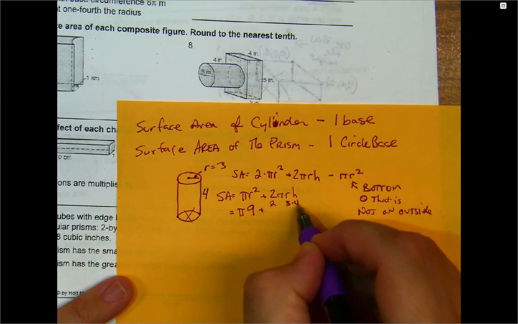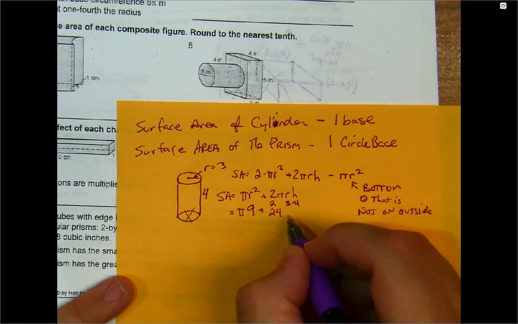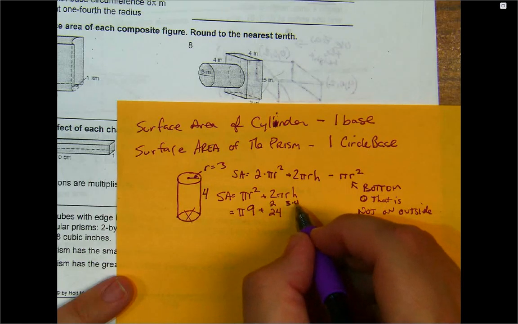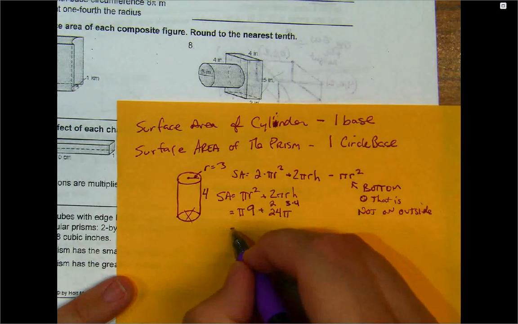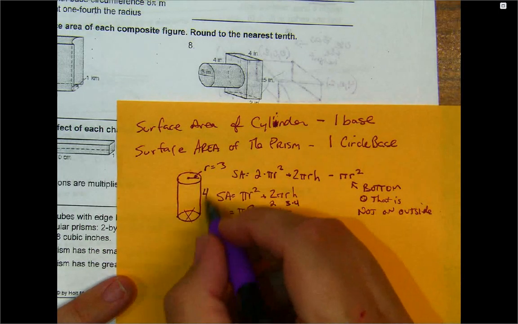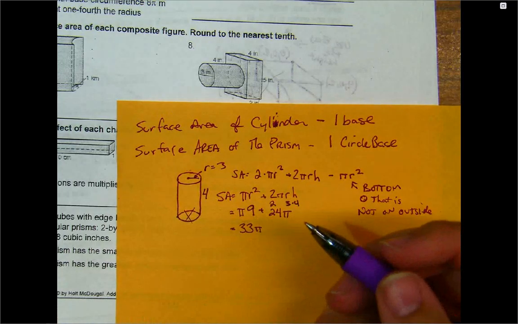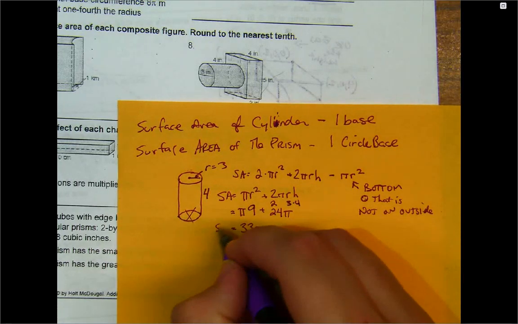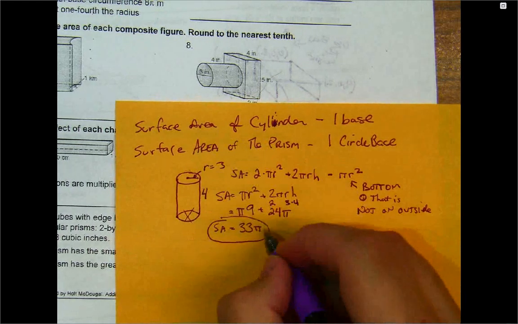So 2 times 3 is 6, times 4 is 24, not 12. That's 24 pi. So this is 33 pi. I got 33 pi for my cylinder. And that'll be in inches squared.